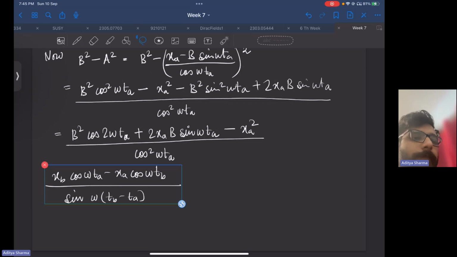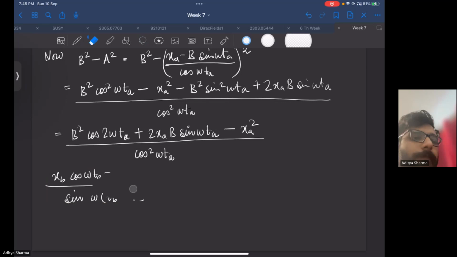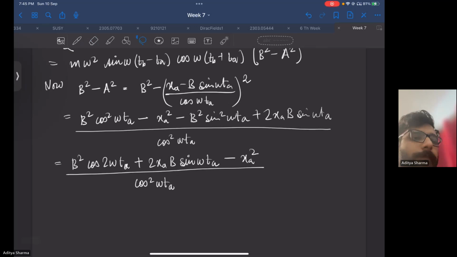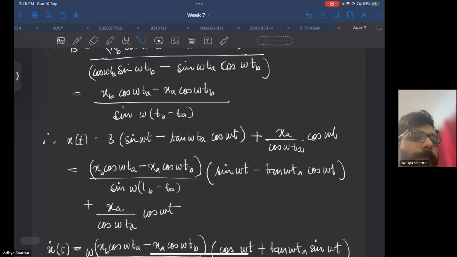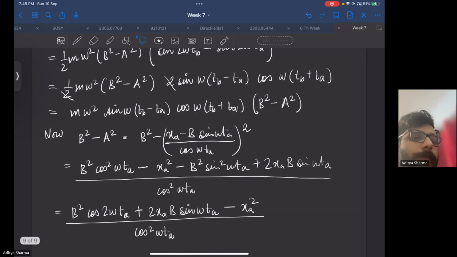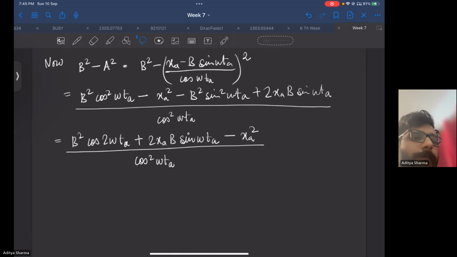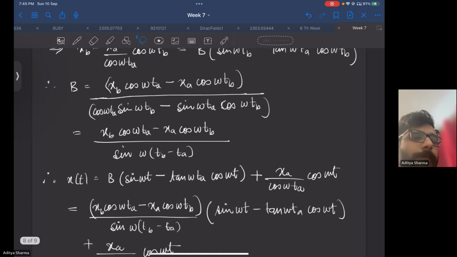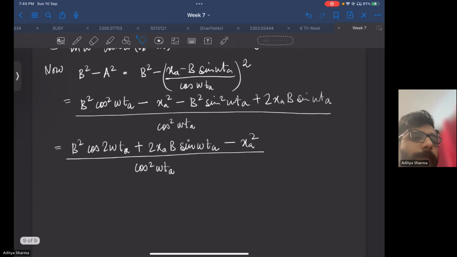Yeah, so this seems to be wrong. Okay, so let us look term by term.